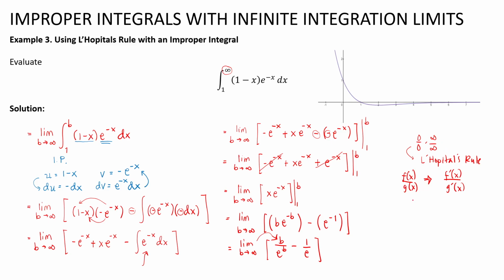So, for example, this is our original term here. Getting the derivative of both, this becomes 1 over e raised to b. And then we apply the limit, the limit as b approaches infinity.